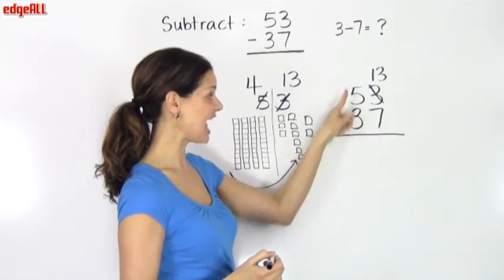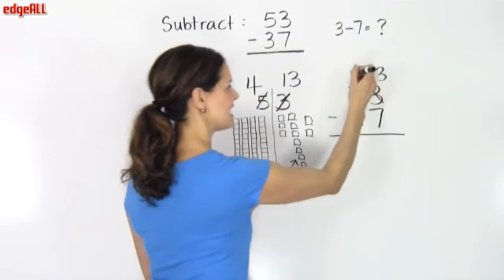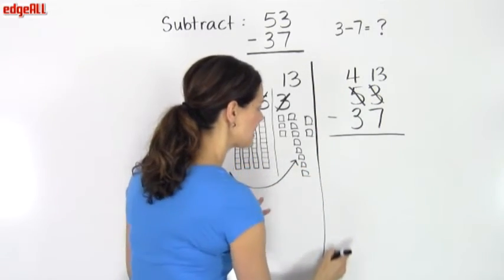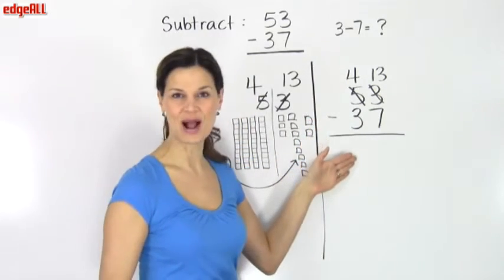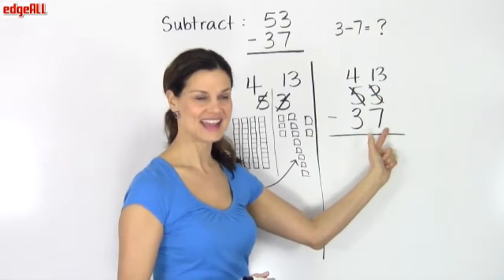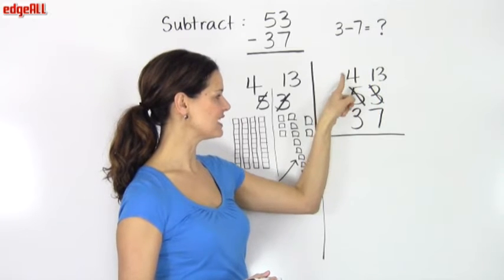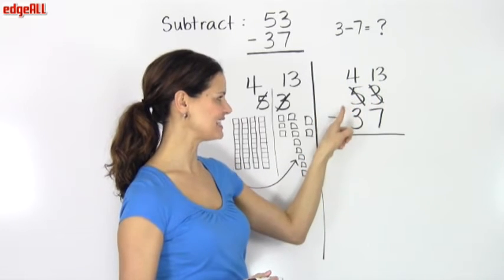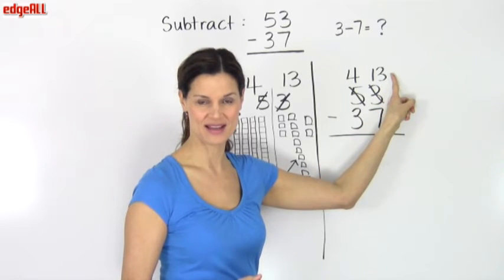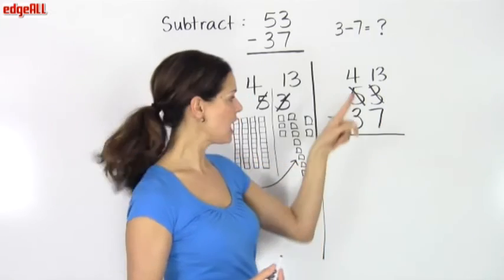And in the tens column, instead of having 5 tens, I now have 4 tens. So this here becomes my new problem. Instead of 53 minus 37, I've rearranged it, and now I've got a 4 instead of a 5 in my tens column, and I have 13 ones to work with now. So now I'm in good shape to do my subtraction.